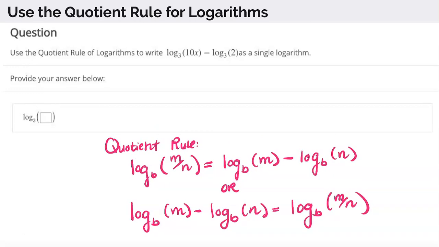So again, it's the same quotient rule, but now we're thinking of this version of it. Right? And so if we were to combine these two, it becomes a quotient. So we have 10x divided by 2, right? And that input on the inside could just be simplified then to 5x.